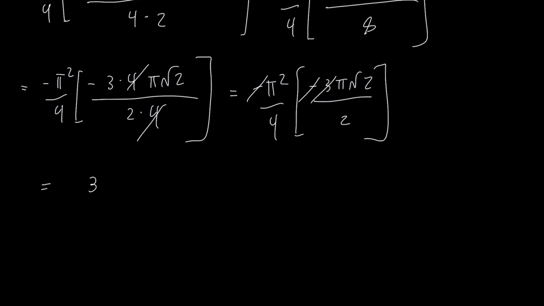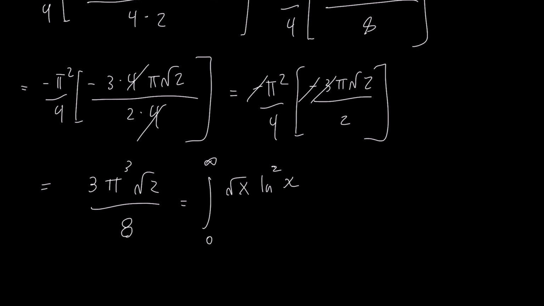And negatives cancel, we're left with 3 pi cubed root 2. 4 times 2 is 8, which is the value of our desired integral, the square root of x squared logarithm over 1 plus x squared dx.